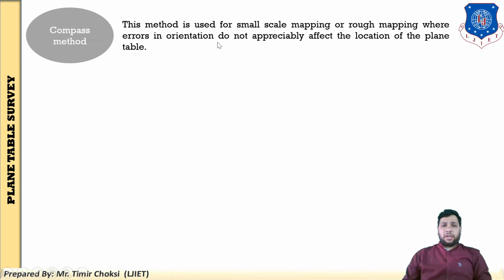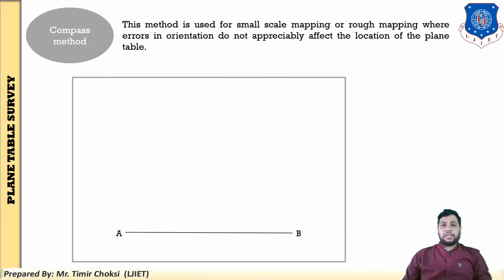Orientation does not affect the location of the plane table here. Why is the method named compass? Because local attraction is not present, you can use the compass. Now I will go step by step with the figure. First, points A and B, capital A and capital B, are already plotted on the drawing sheet as small a and small b.